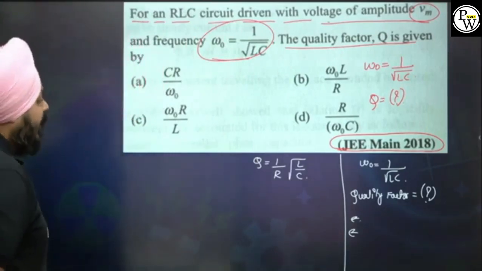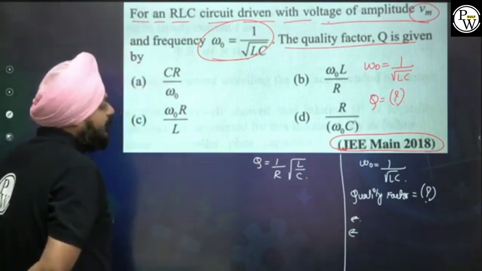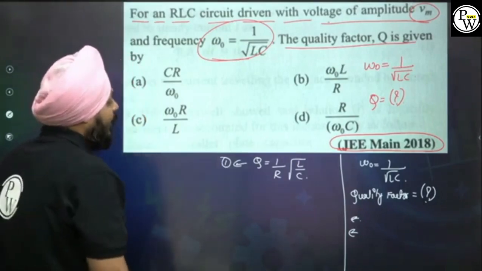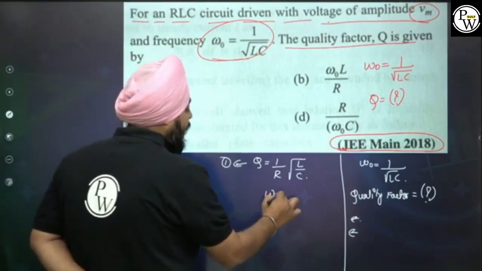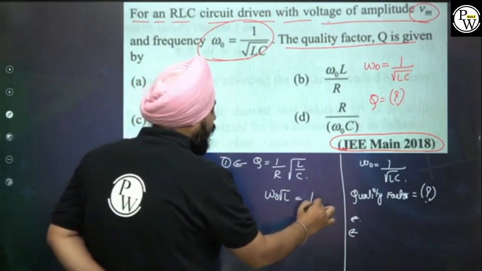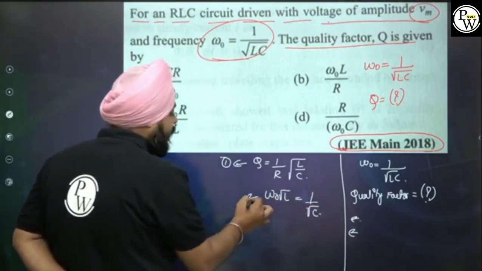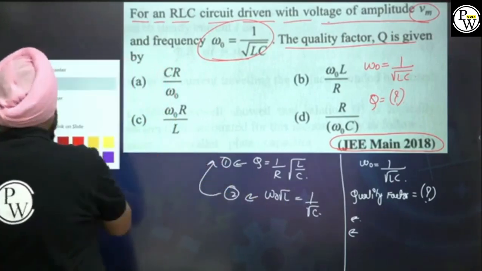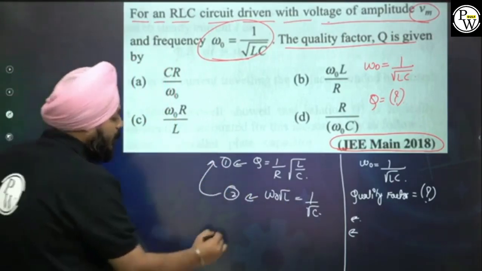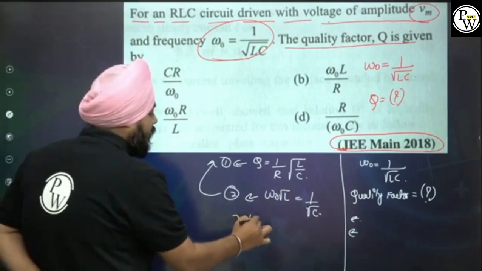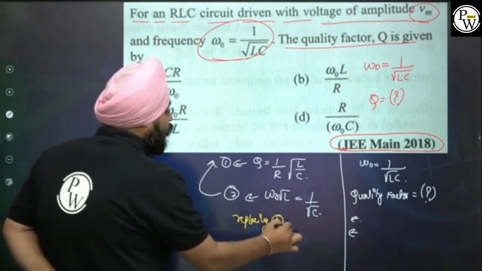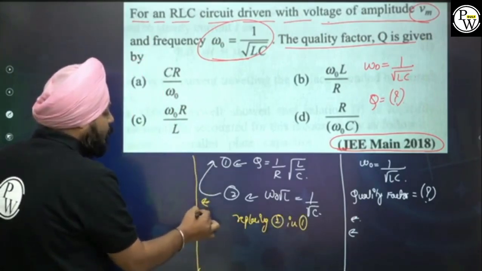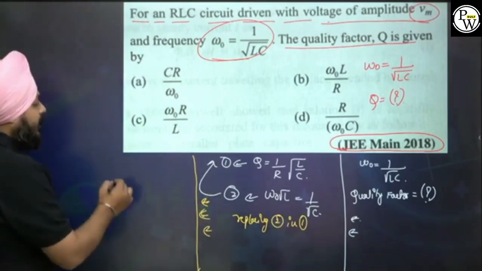Now, here what happens? Can I consider this as equation number 1? Now, can I say omega naught under root of L is equal to 1 by under root of C? Can I consider this as equation number 2? Can I replace equation 2 in equation number 1? So replacing 2 in 1, what we get?